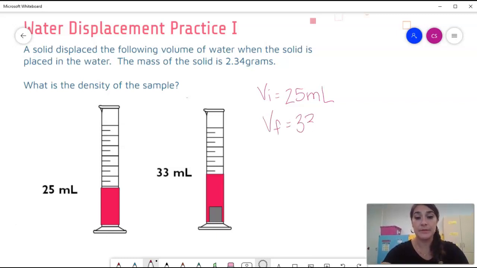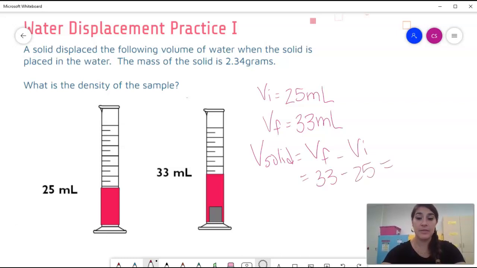Okay, that was 33 milliliters. And so I can actually figure out the volume of my solid by taking the final volume minus that initial volume. And so 33 minus 25, that's going to give me 8 milliliters is the volume of my object.